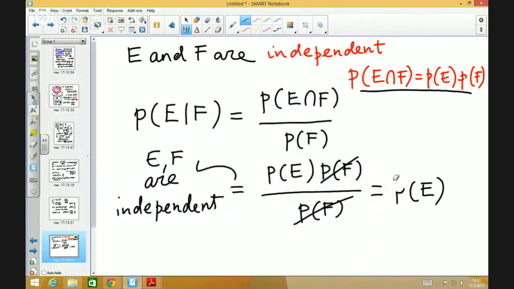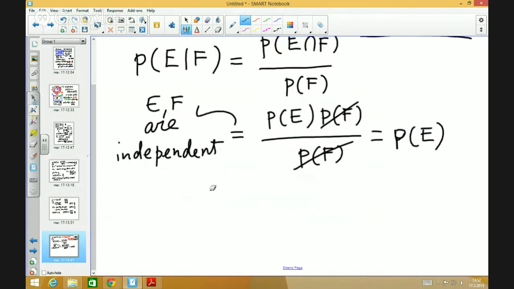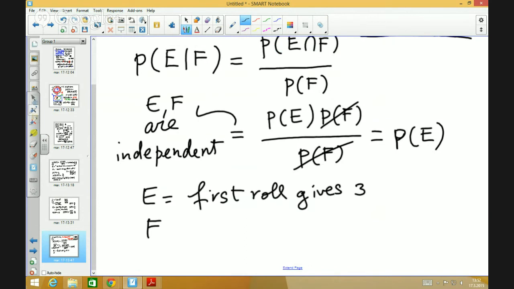So let's see. Oops. I was erasing and I didn't mean to. So E now is the event first roll gives 3. F, or, well, actually should be second.